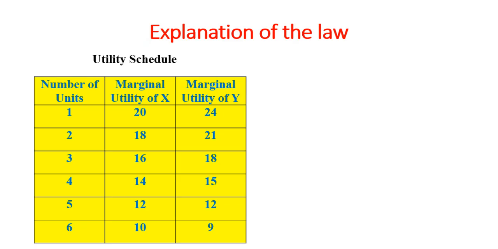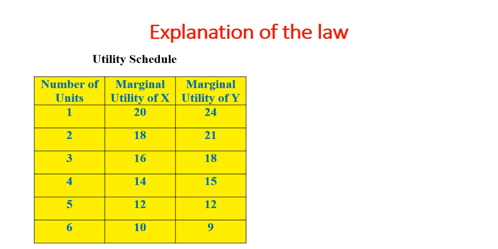Therefore, he will spend 12 rupees on X commodity to buy 6 quantities and 12 rupees on Y commodity to buy 4 quantities.